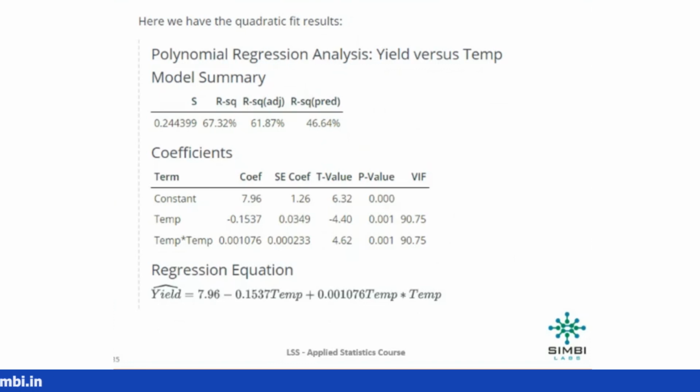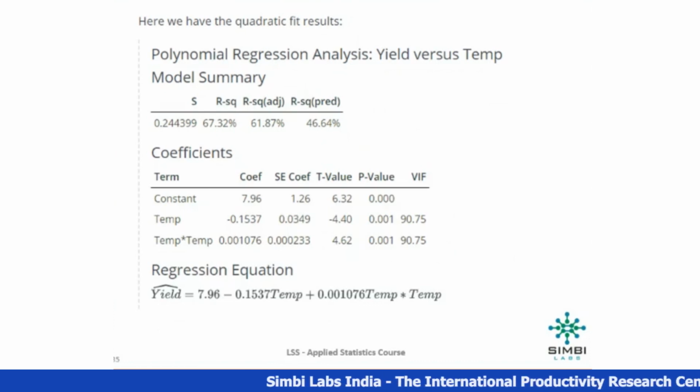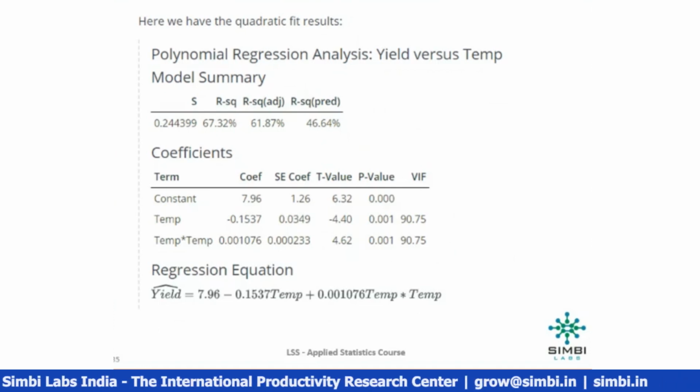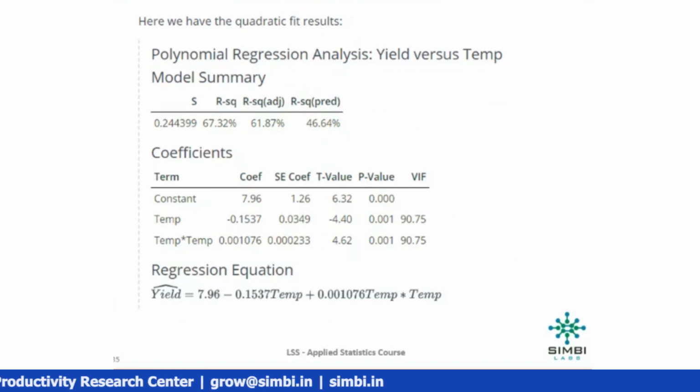We can see that both temperature and temperature squared are significant predictors for the quadratic model, by using the p values of 0.0009 and 0.0006, and that fit is much better than the linear fit.